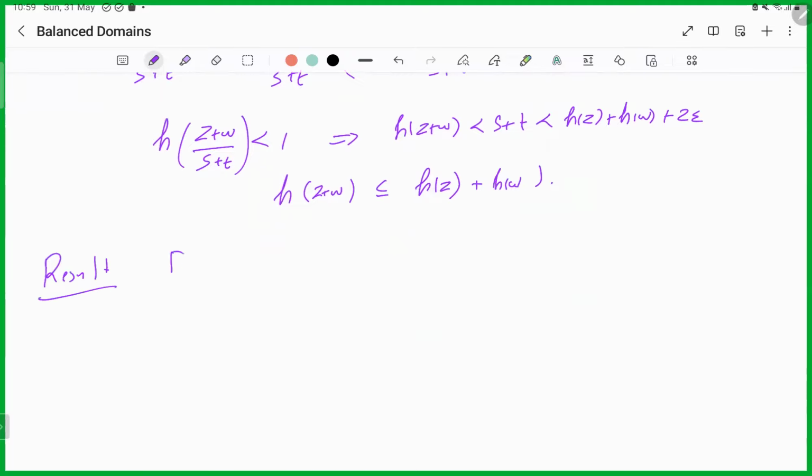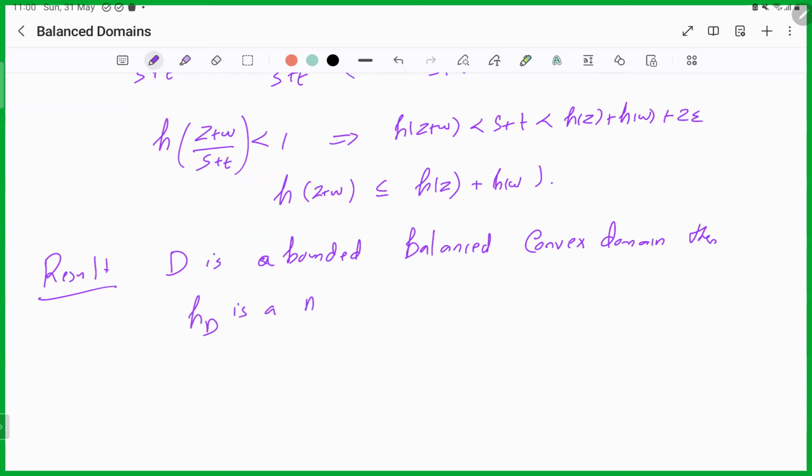If D is a bounded convex domain, then H_D is a norm, because if D is bounded, H_D of Z equal to 0 means Z equal to 0.